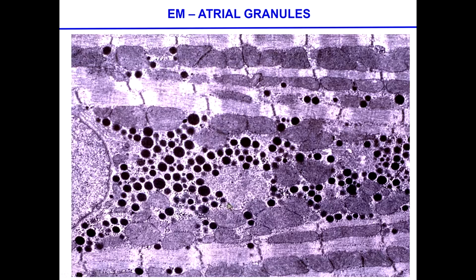This is an actual picture of an atrial portion of the heart, showing all these dense granules, when you stain them for the electron microscope, that contain the ANP, the atrial natriuretic peptide, that is secreted and, as we discussed during the lecture, participates in controlling blood pressure by affecting the kidneys once it gets there, to promote the release of water and sodium.